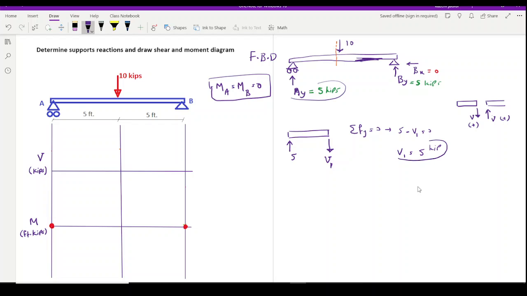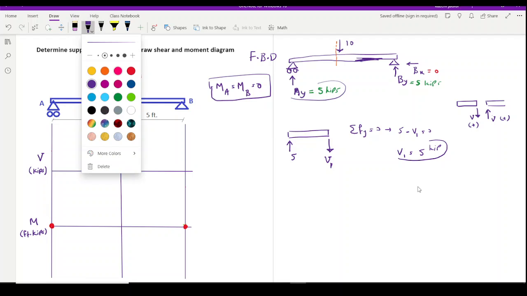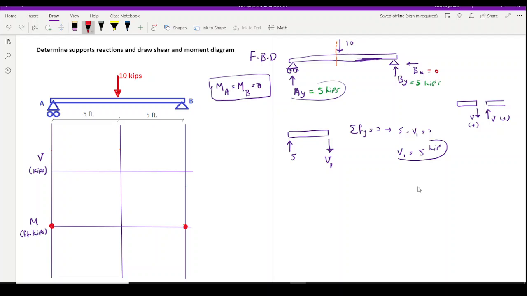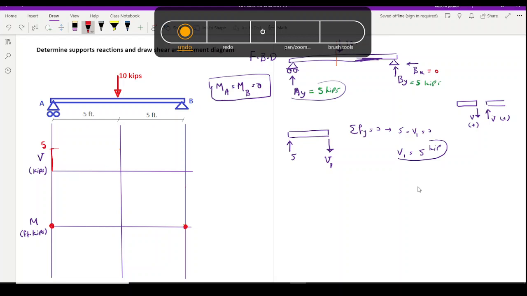That means that V at support is equal to the support reaction that you calculated. But you need to pay attention to the sign of that V. So we will draw for B also to see whether it is positive or negative.